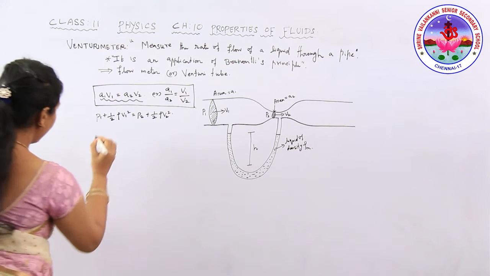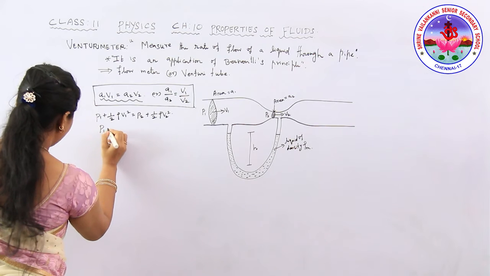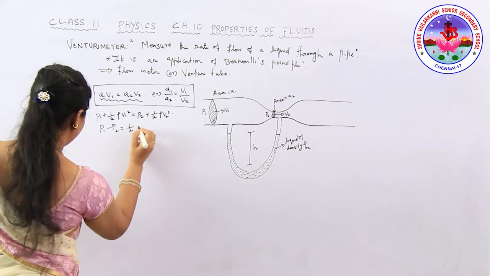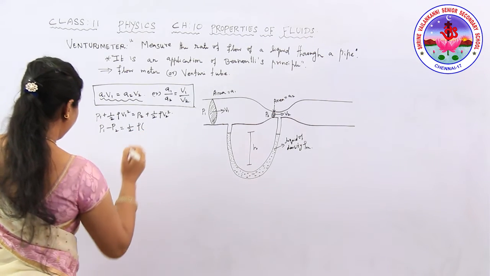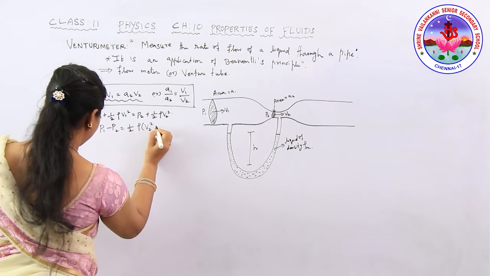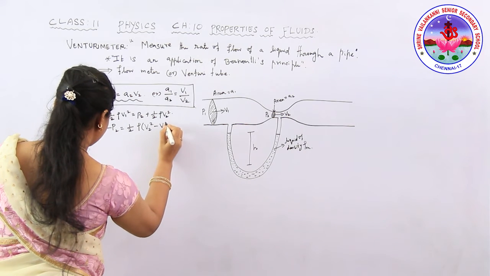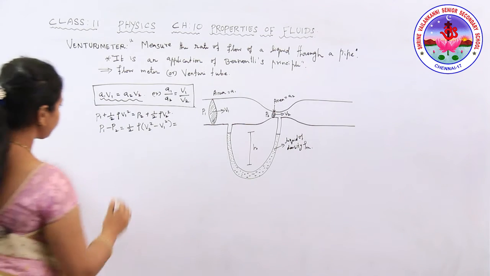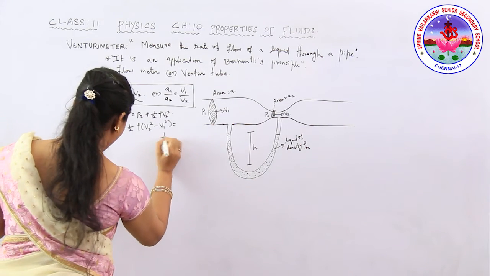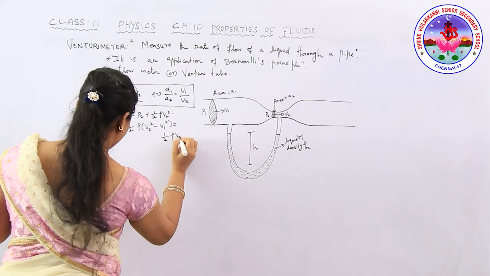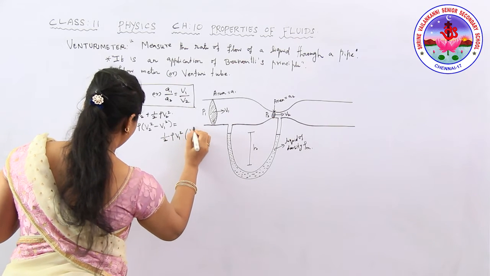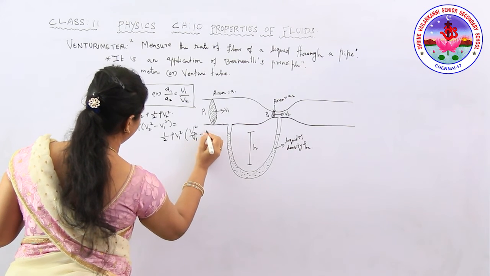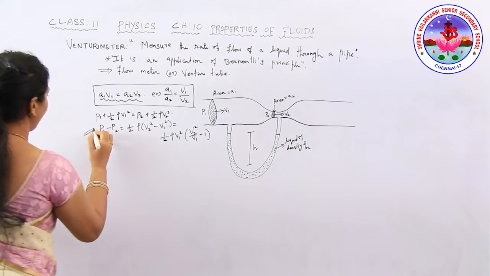Rearranging, P1 minus P2 equals half rho times V2 square minus V1 square, which equals half rho V1 square times V2 square by V1 square minus 1.